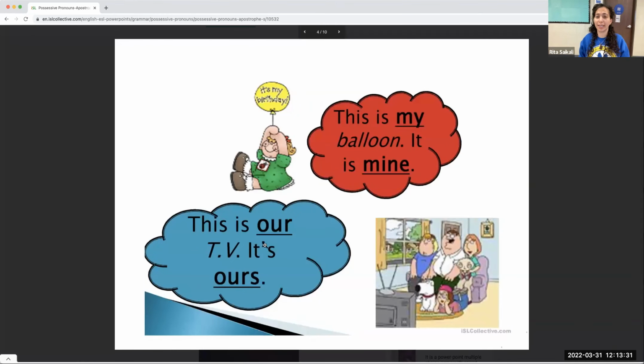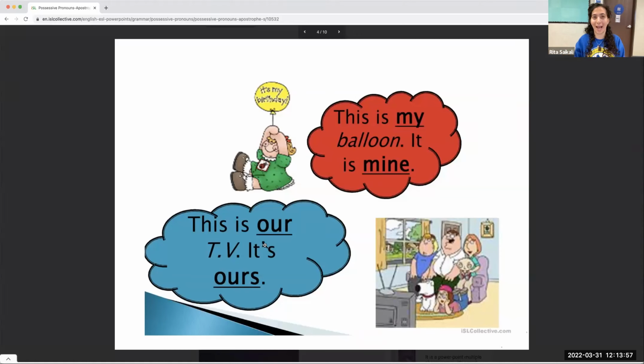Okay, so an example, this is my balloon. Balloon is a noun. When we have a possessive adjective, it always has a noun. This is my balloon. But if we're using a possessive pronoun, we don't have a noun. So it would be, it is mine, right?